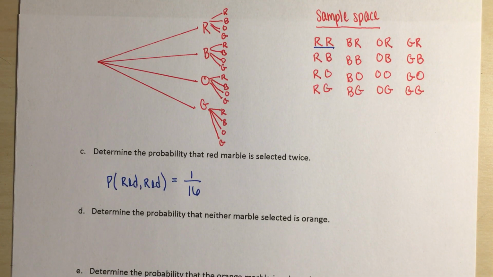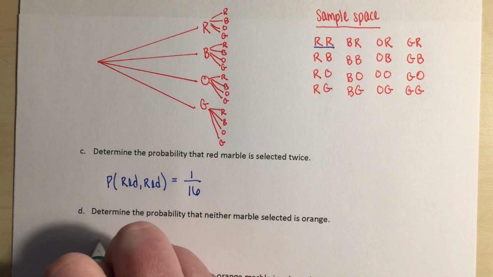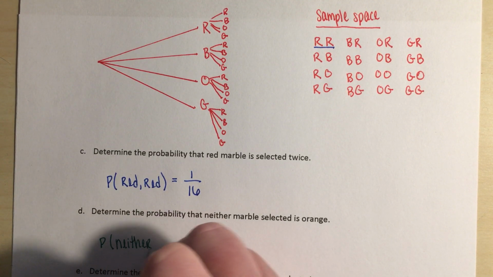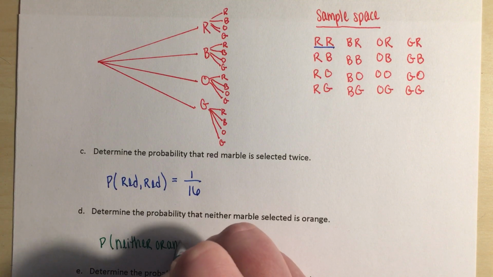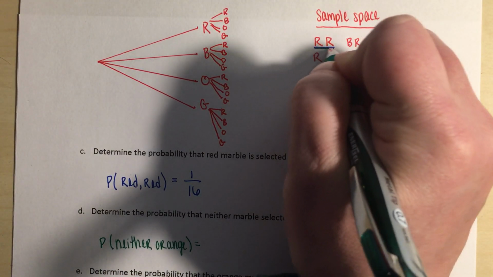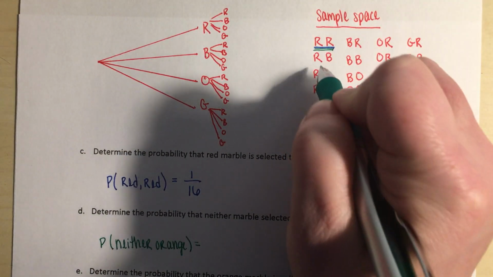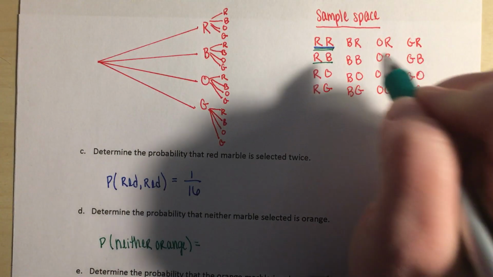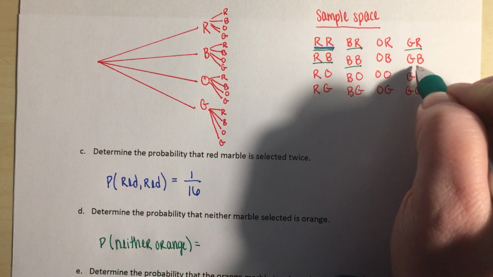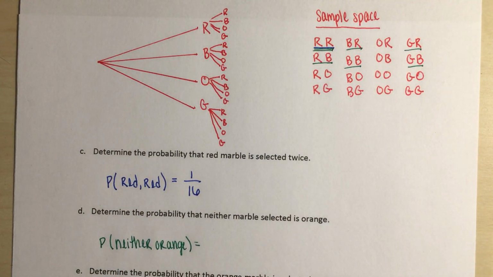Determine the probability that neither marble selected is orange. All right, so our red case that is not orange: red then blue does not include orange. Blue then red, blue then blue, green then red, green then blue.